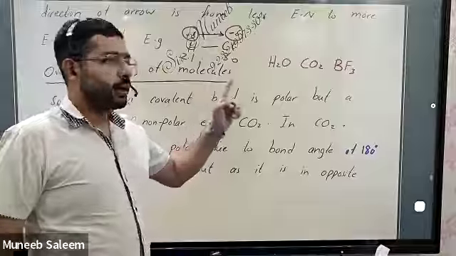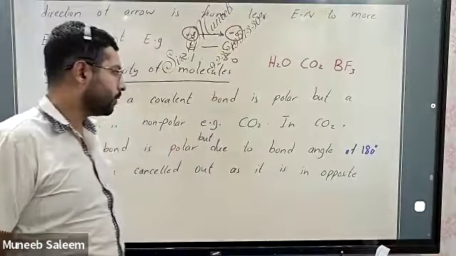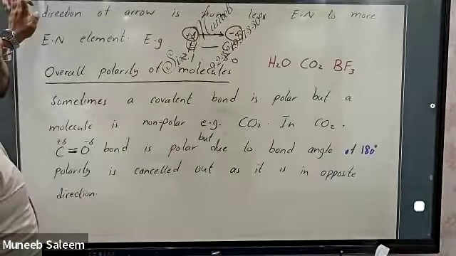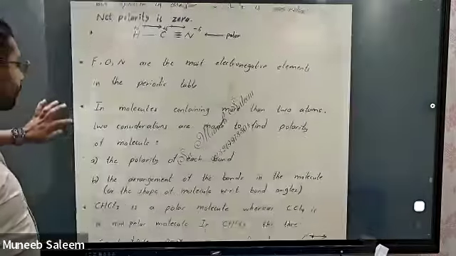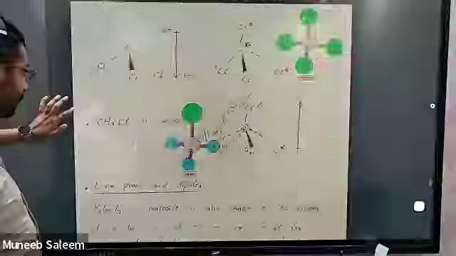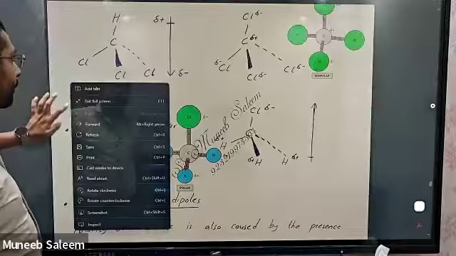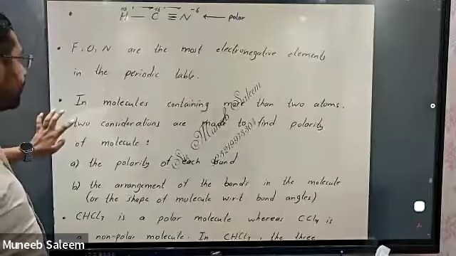We need to identify two things in such molecules. One of them is the bond angle, and the other one is the bond polarity. So we will see two points.